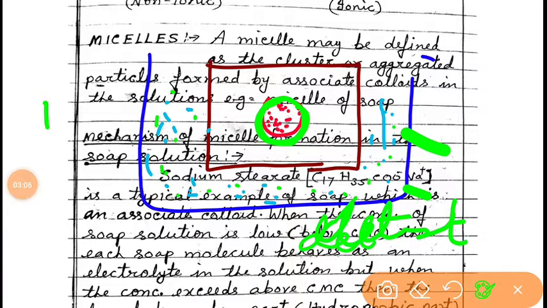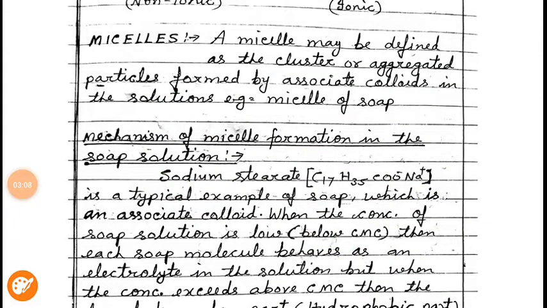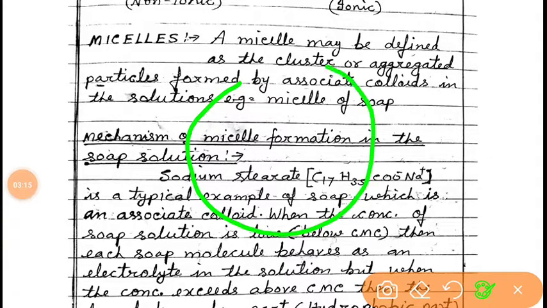Now I am taking the magnified image of this oily spot. This is the oily spot, and when we add the detergent or the soap solution in this, the soap molecule and the detergent molecule play hide and seek, because the soap molecule contains two ends, one is ionic and one is non-ionic.